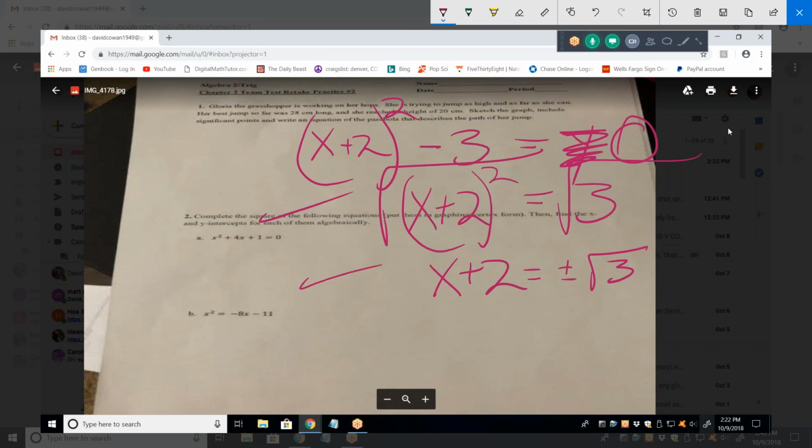Now solve that for x. So you would just subtract 2. Give me the answer. X equals plus or minus the square root of 3 minus 2. Only thing is that's not the way we generally look at it.